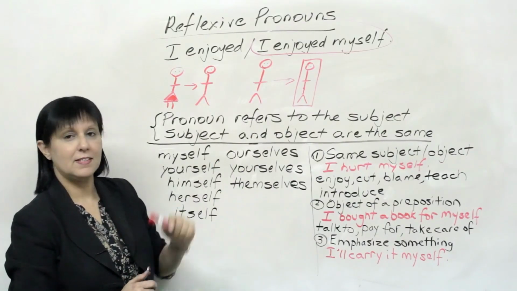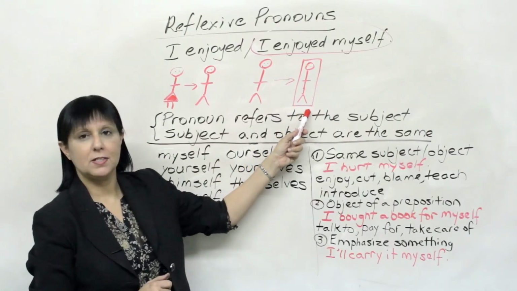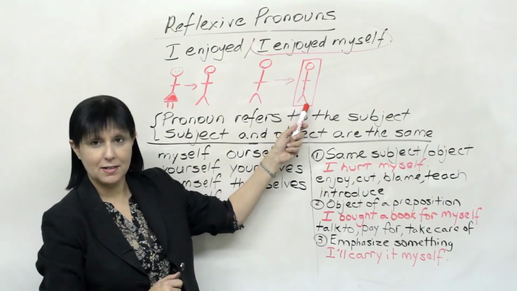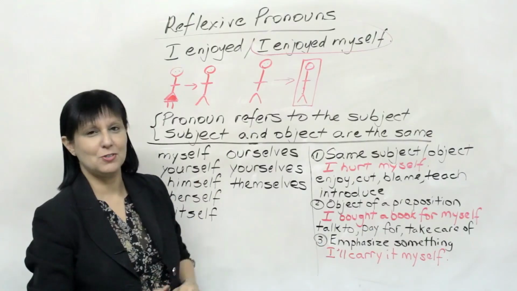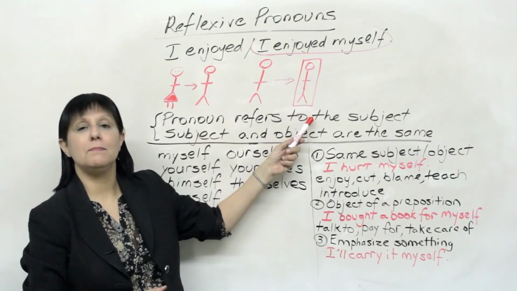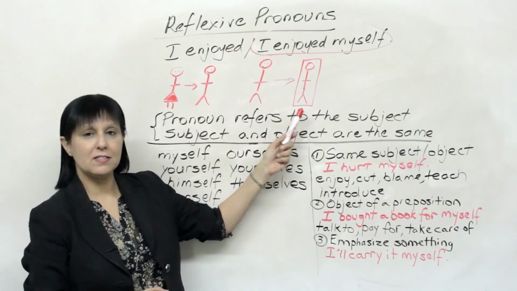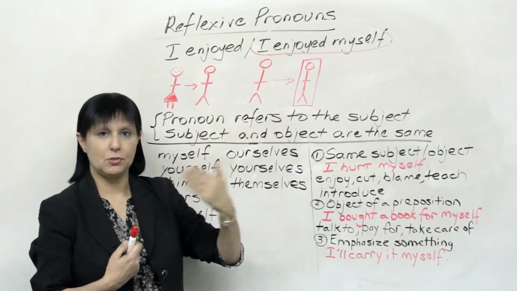However, in this diagram, and this is supposed to be a diagram of the same man in a mirror, okay? If you could use your imagination. He is looking at himself. Now, this person and this person are the same person.